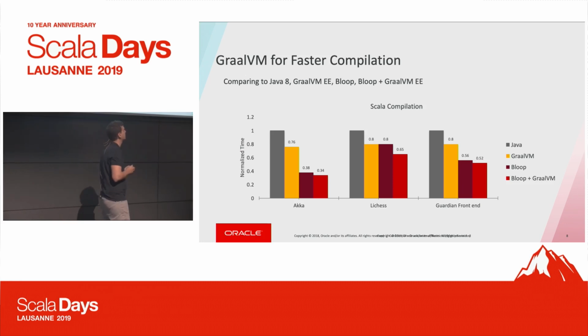And if you apply Bloop, which pipelines and parallelizes the Scala build, you will get similar improvements. Here you don't see that much because the first number is smaller, but you will get pretty much the same speedups. So any compilation framework you use, be it Hydra, which is commercial, or Bloop, or Scala, you will get about 30% faster compilation. And that's your time, right?